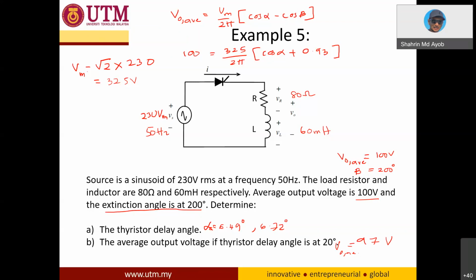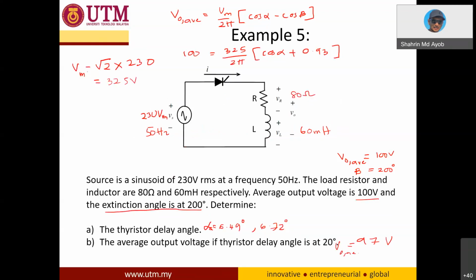Okay, I hope you all get the value 97 volts. The beta still remains 200 degrees. Yes, doctor, 97. Okay, thank you for that confirmation.